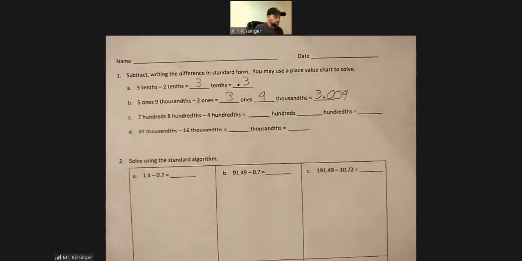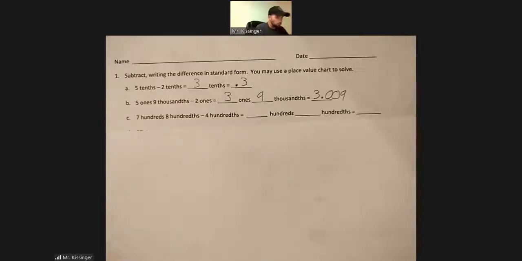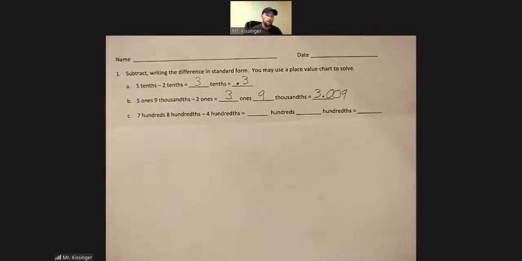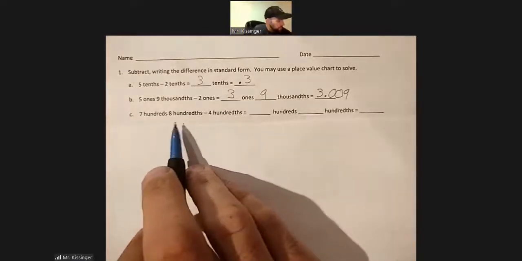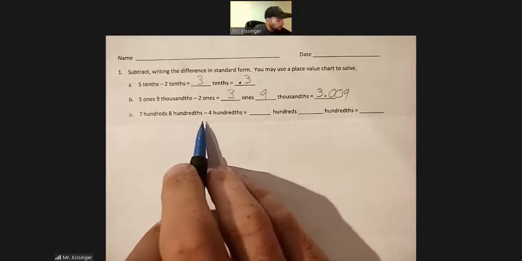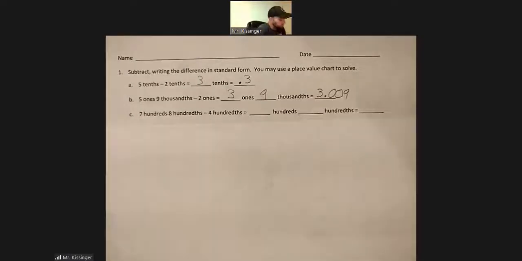All right, so let's try one more up here, and then we'll move into our standard algorithm. So this one we have 7 hundredths, 8 hundredths minus 4 hundredths.